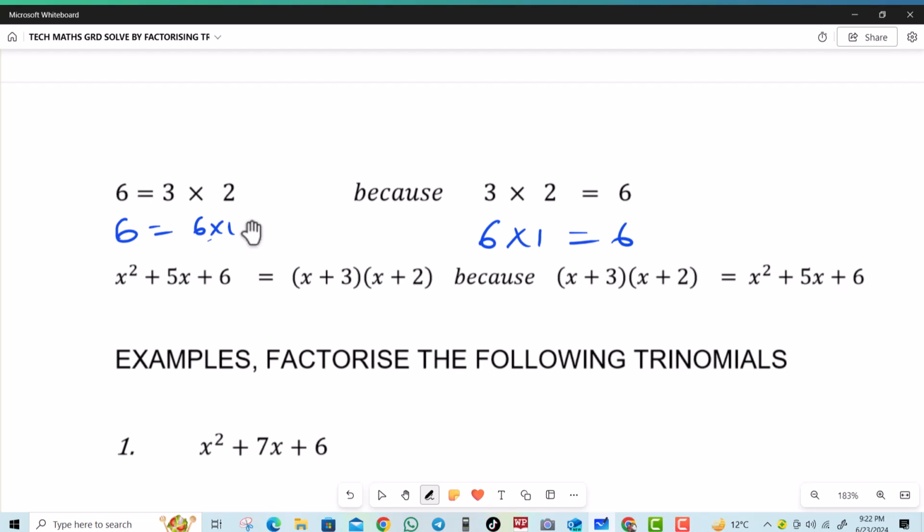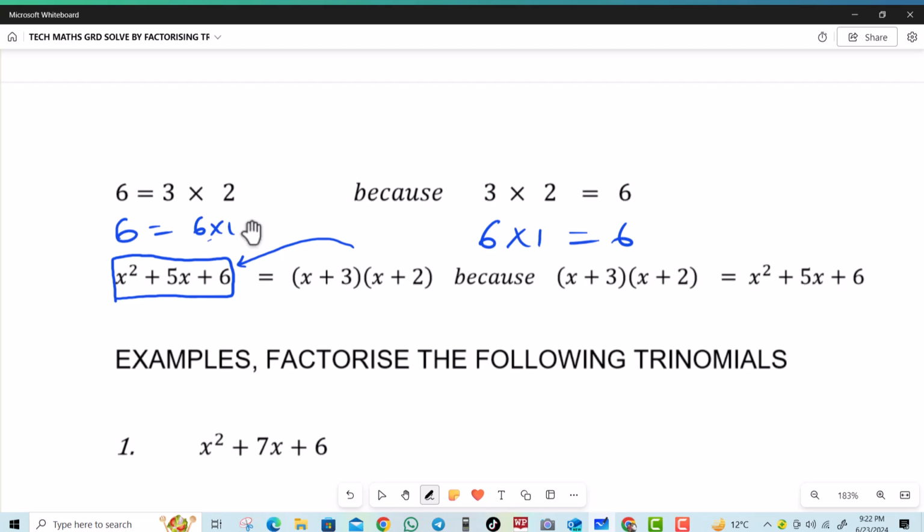Another example is here. If they say factorize x squared plus 5x plus 6, it means get the factors which multiply to give you this expression. In this case, they are x plus 3 times x plus 2. When you expand this, what you get is x squared plus 5x plus 6.